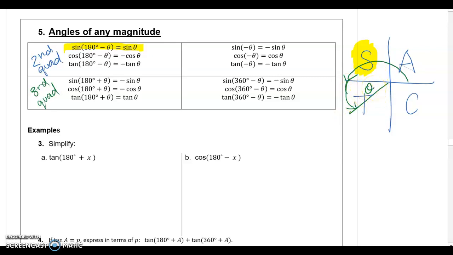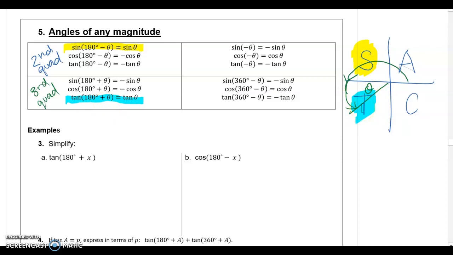That third quadrant told us that tan was the ratio that was positive, and that's what the rule here is saying. Sine of 180 degrees plus theta is equal to minus sine theta in that third quadrant. Cos of 180 plus theta was equal to minus cos theta. And tan, because it's sine over cos, became positive. So tan of 180 plus theta was positive in that quadrant. So again, you know that.